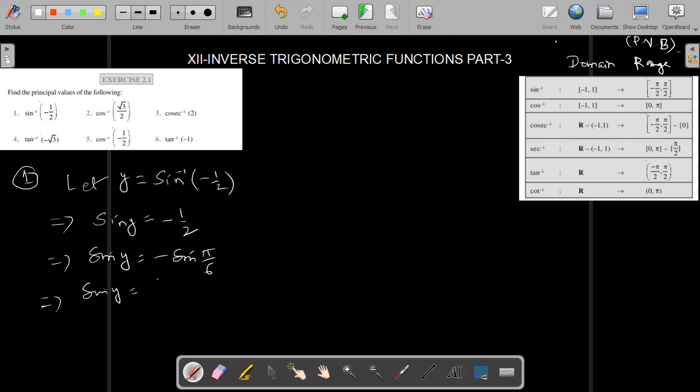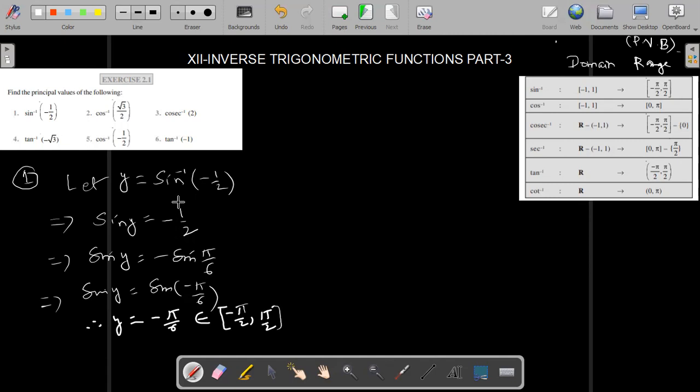So we can write sine of minus pi by 6. Therefore, we got y is equal to minus pi by 6, because this belongs to the range for sine, which is minus pi by 2 to pi by 2. So this belongs to the principal value, minus 90 to plus 90.